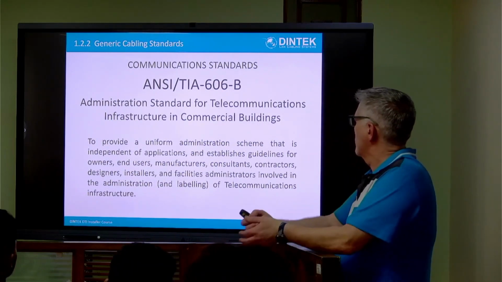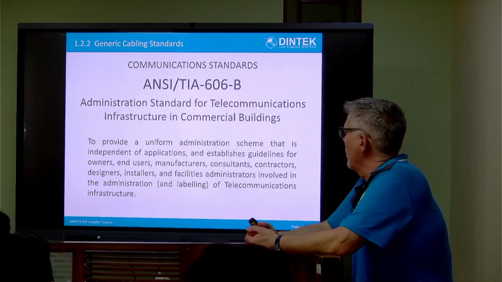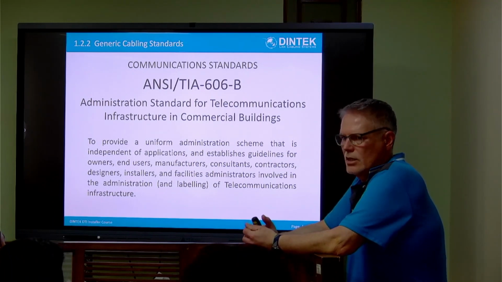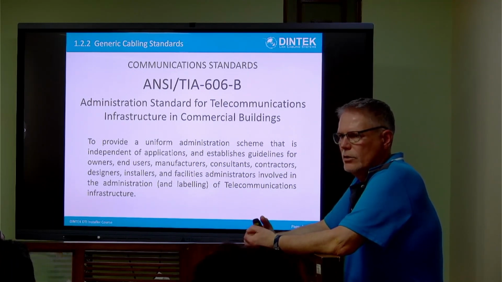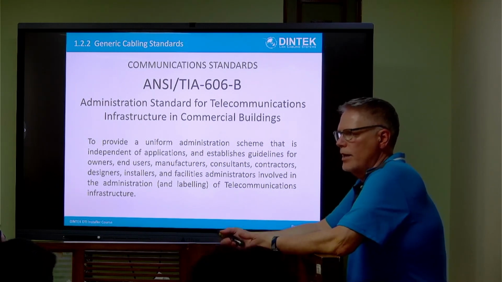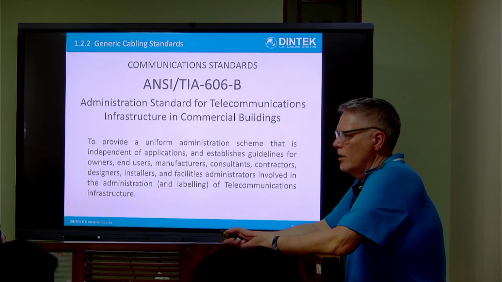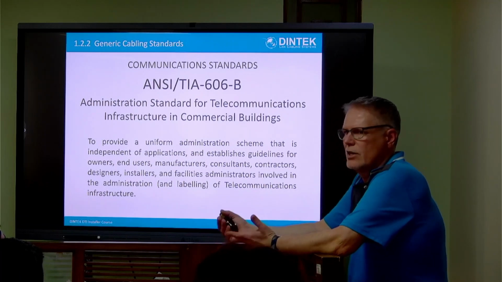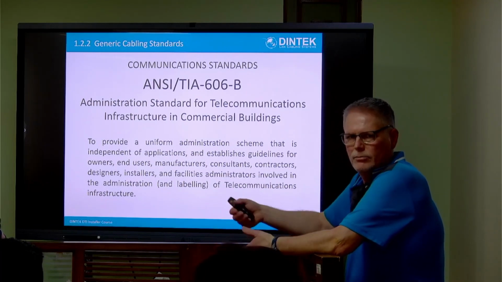We'll have a look at the 606. Now, you probably wouldn't ever come across the 606 unless you were dealing with large scale installations. If you're installing cabling and you want a numbering system, a lot of the time you'll just number them. It's 100 outlets, and it'll be 1 to 100.